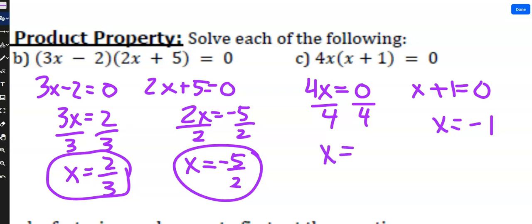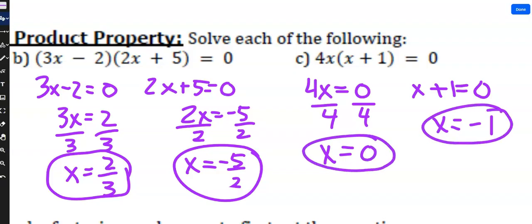And what is 0 divided by 4? 0. So one of the actual answers to part C there is 0 itself. I'm always worried that kids will not know what to do with that, and then they usually just say 1 or 4 or something weird, and you're like, wait a sec, you didn't set it equal to 0 and solve like we are supposed to.